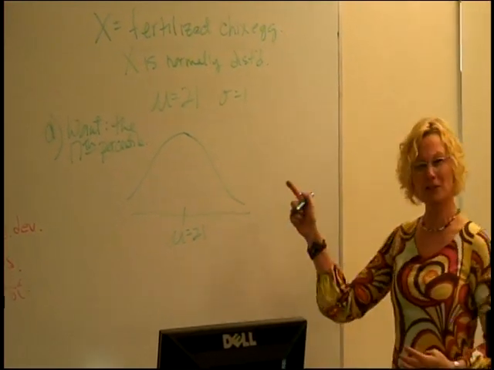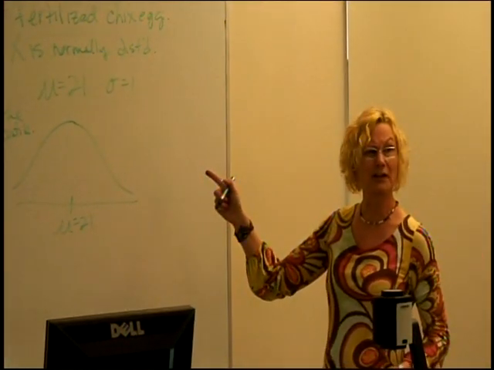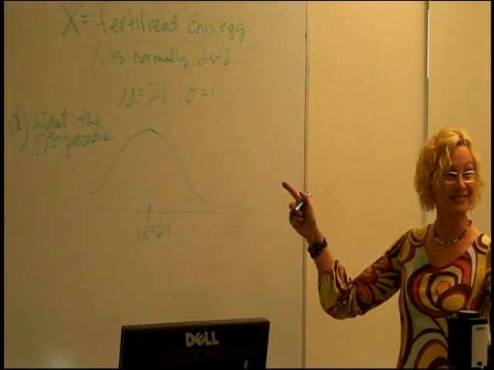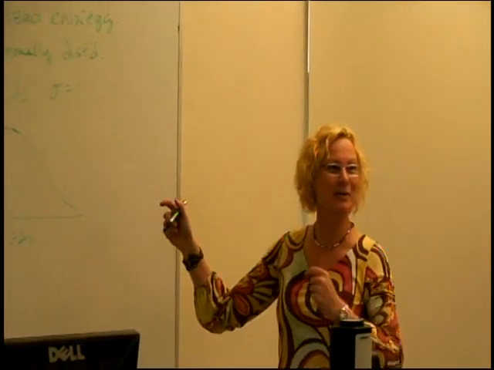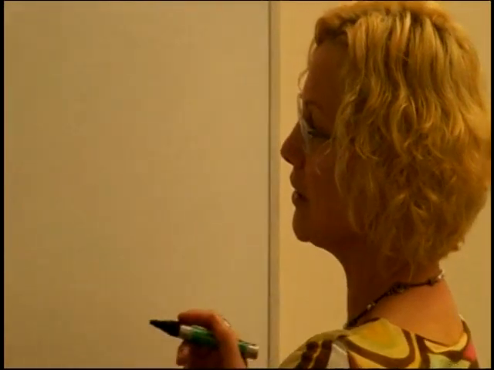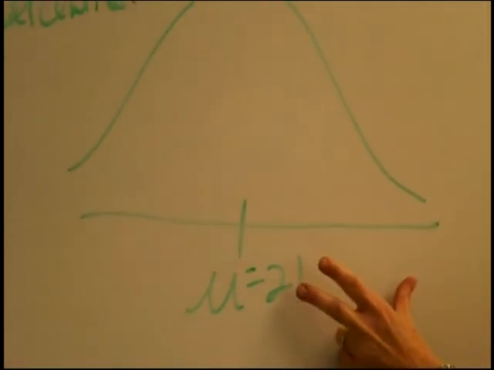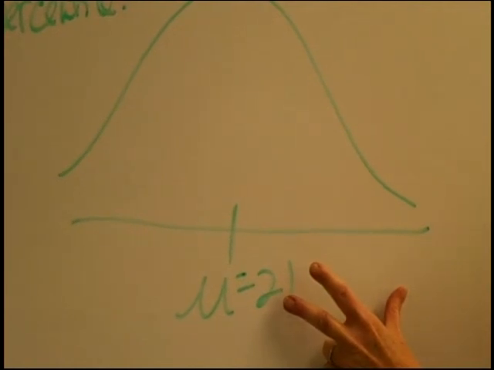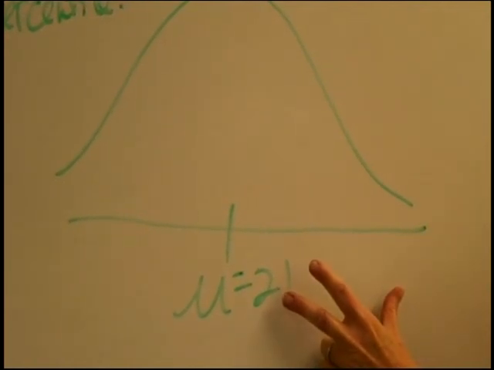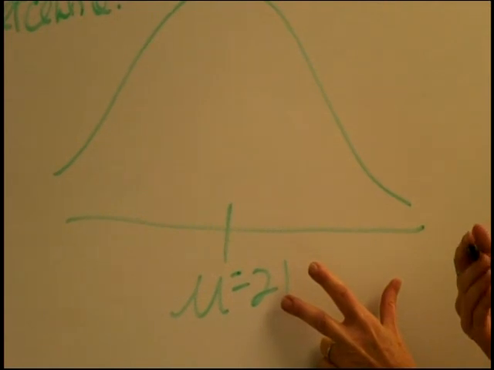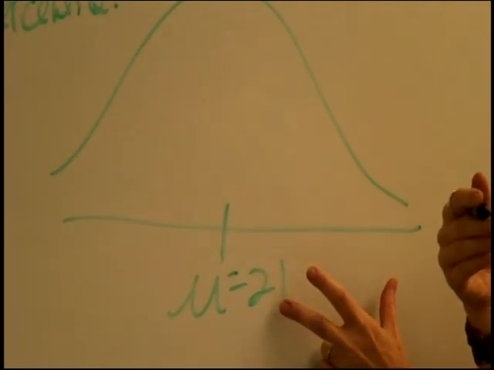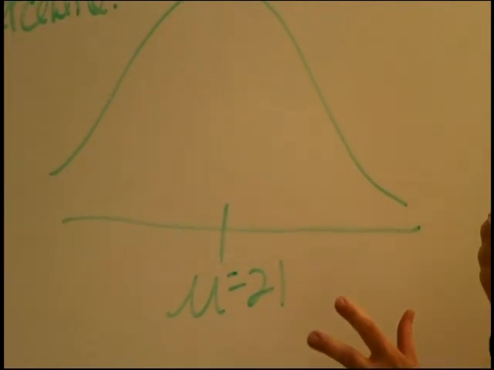So on what side of the distribution is the 17th percentile, and how do we know? Is it over here? No? How come? How much of the data is at or below the 17th percentile? 17%.